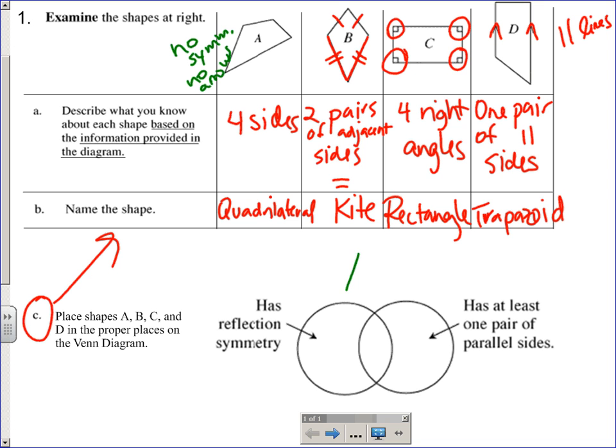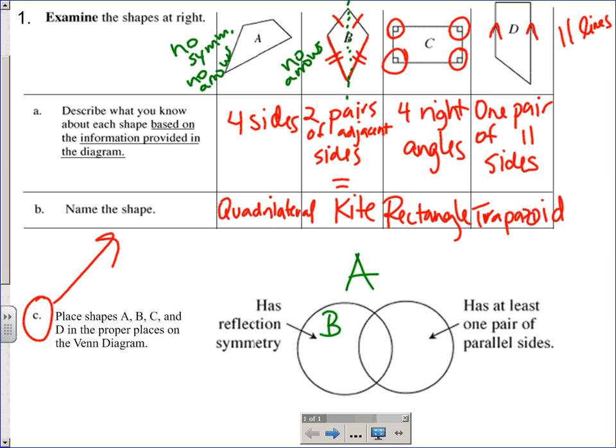That means A has to go outside of the Venn diagram. B, I don't see any arrows to show parallel lines. But I do see I could draw a line of reflection down the middle, so B must go here.